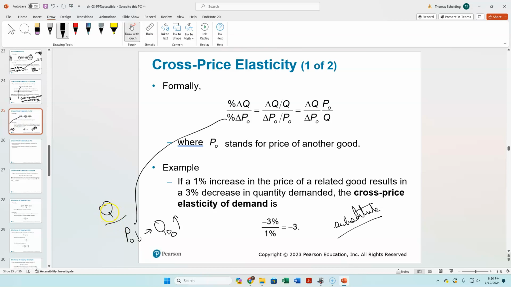And if the quantity of my other product is also rising, then if my cross-price elasticity is negative, what that's implying is that both my one product is going up in quantity as well as the other. That would imply that they are complementary goods. They are goods used in conjunction with one another.